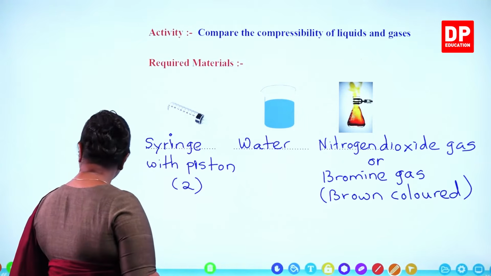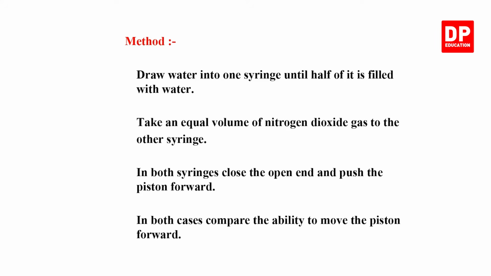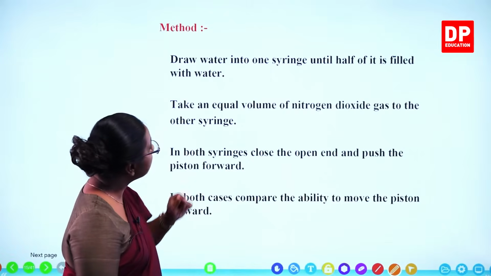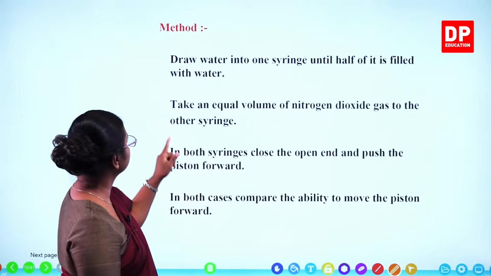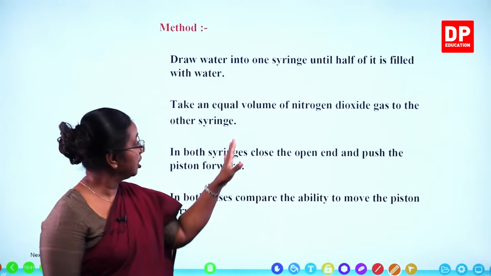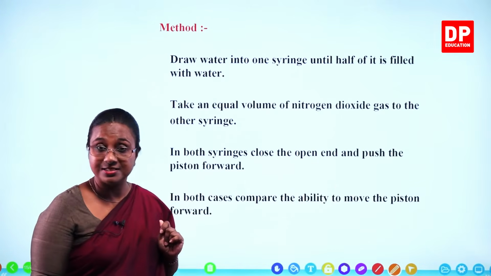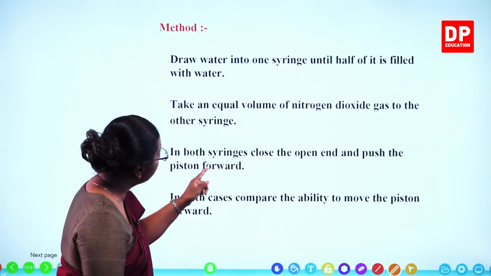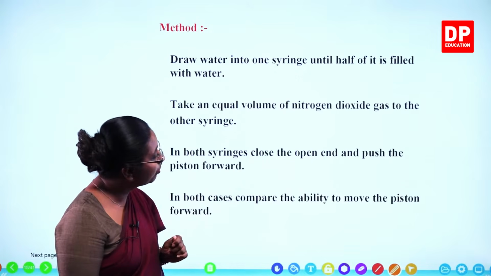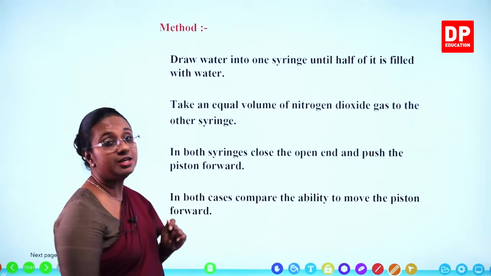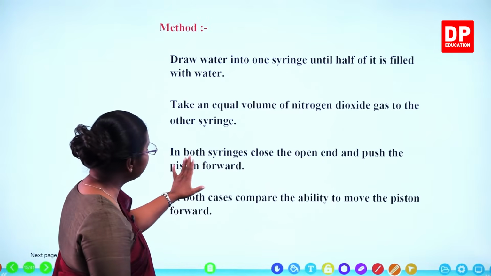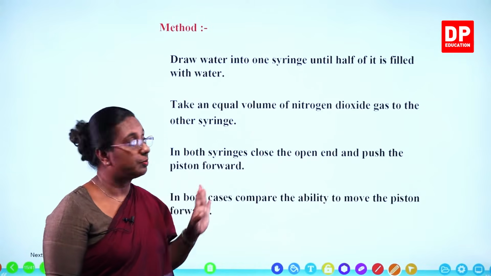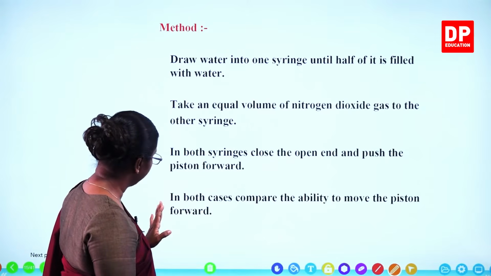So, we will go through the method again. The method: draw water into one syringe until half of it is filled with water. The first step. Take an equal volume of nitrogen dioxide gas into the other syringe. In both syringes, close the open end and push the piston forward.